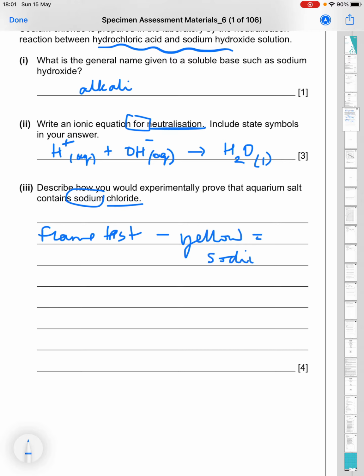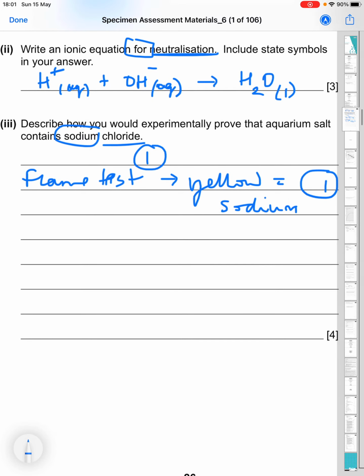So one mark for saying you'd use a flame test and one for saying the result is yellow for sodium. Now, you may be tempted to say it's an orangey yellow or yellowy orange. Don't do that. They accept yellow as the colour of the sodium flame. That's what you write. And then for the chloride ion, you're going to just say that you add silver nitrate.